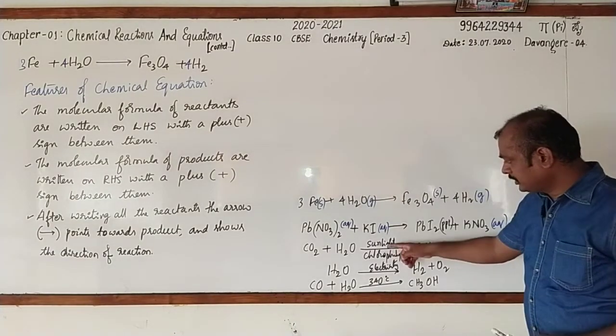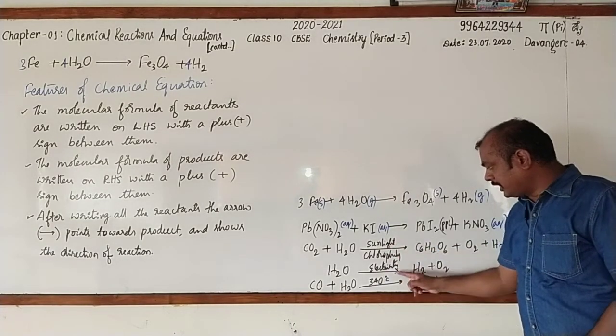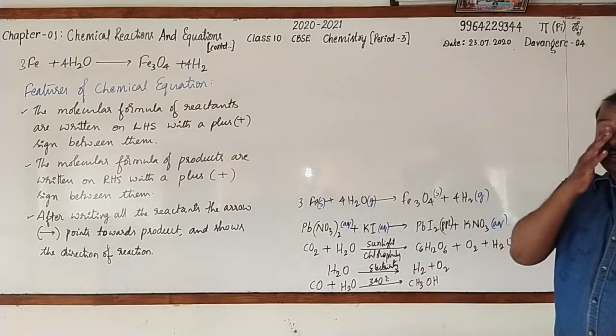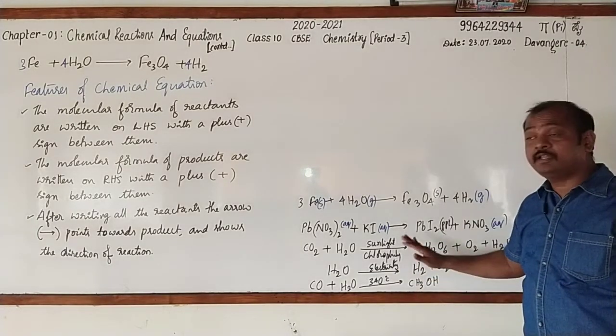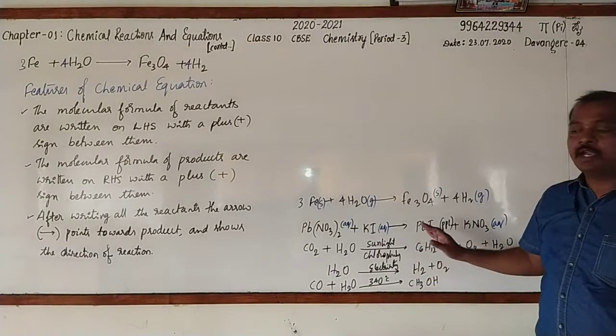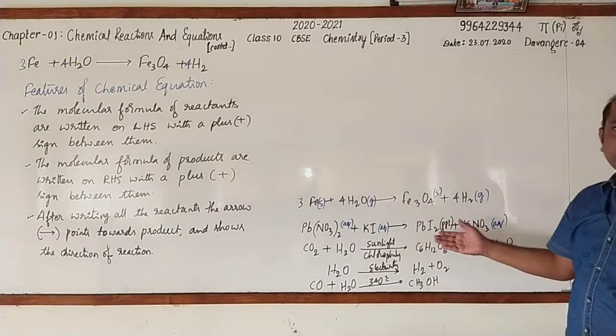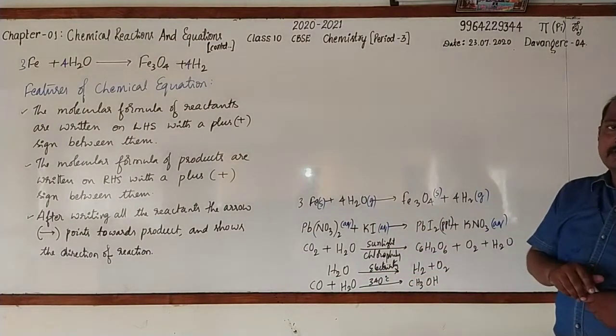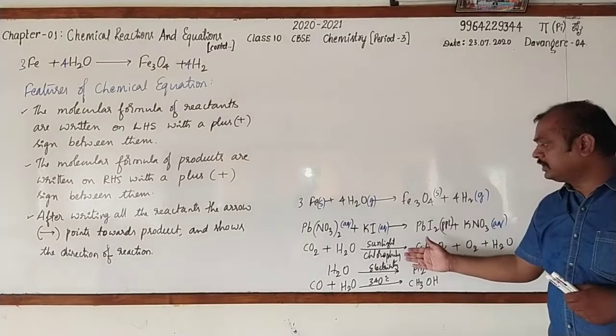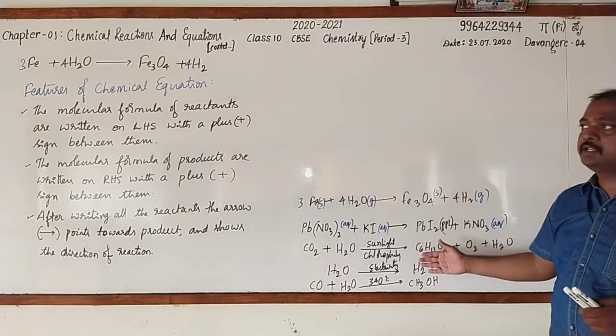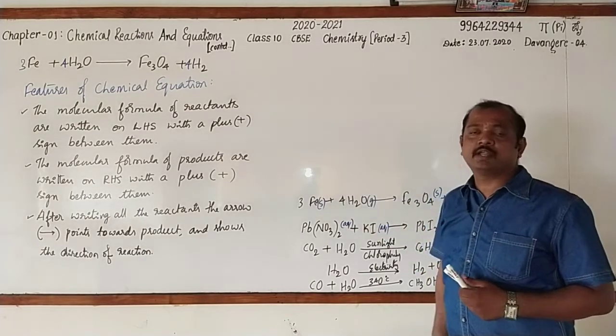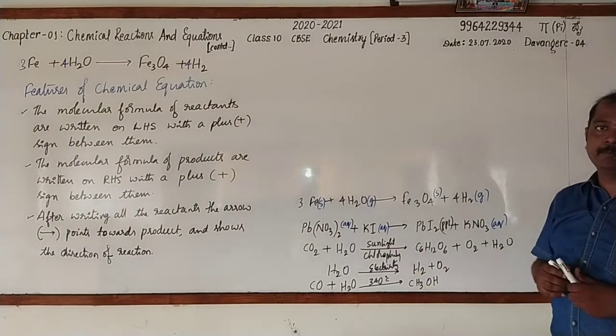Observe. Here sunlight, chlorophyll, electricity and 340 degrees Celsius. These are the reaction conditions under which a chemical reaction takes place. By mentioning the reaction conditions, we can make a chemical equation more informative.